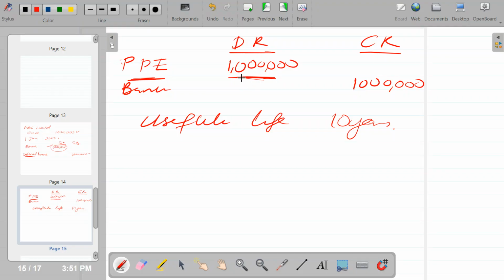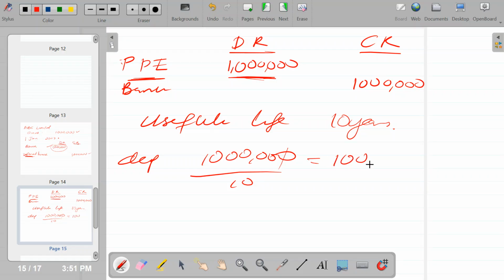So what will be the depreciation for year one? That will be 1 million over 10 years. How much will it be? So that will be 100,000. So every year we are going to depreciate the building by 100,000. Okay, good.